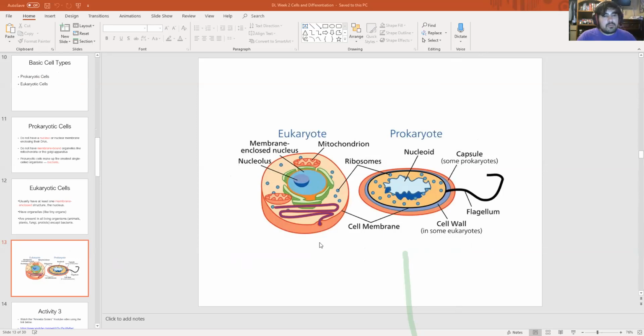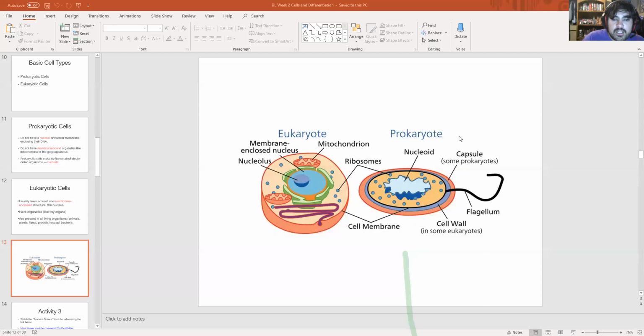So here's a breakdown of them. So prokaryote, right? You see something called a nucleoid there, but it's not a full nucleus. You've still got ribosomes so that it can do translation and transcription. You have a cell membrane still protecting it.